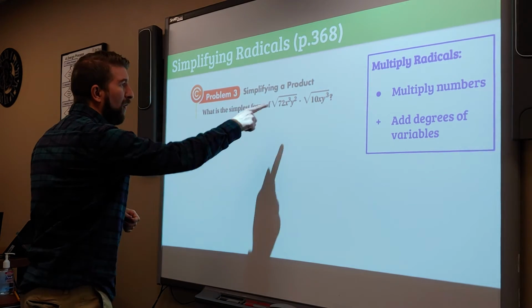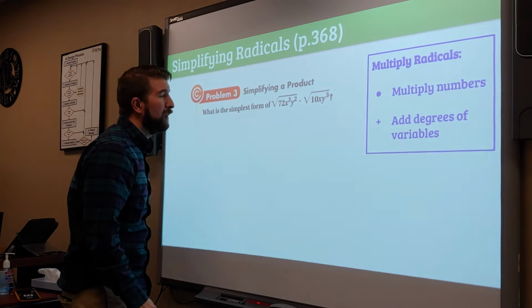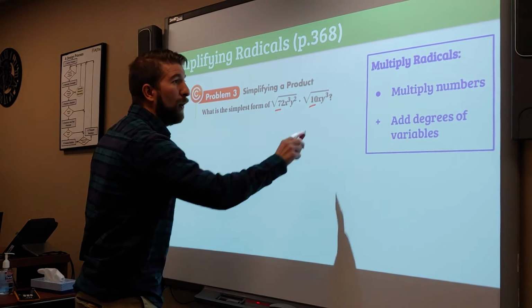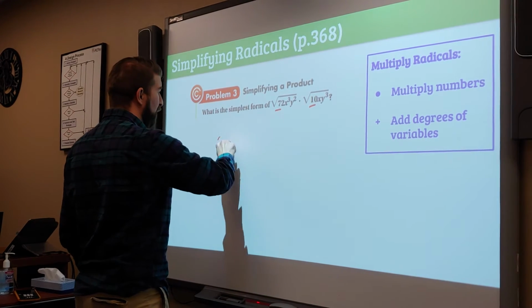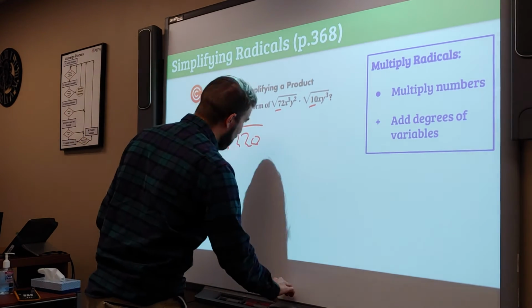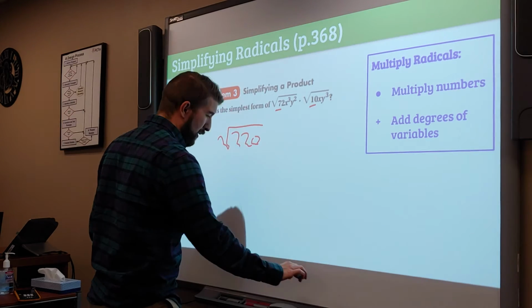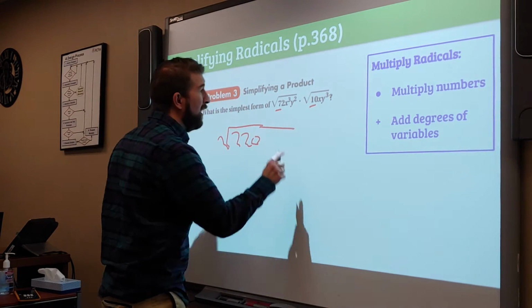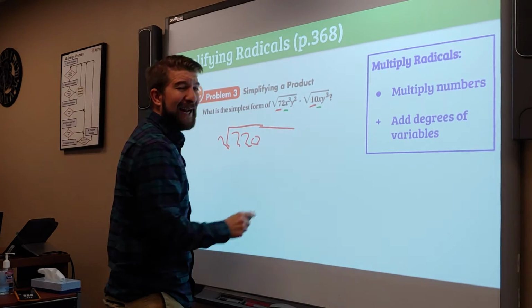So on this one, we have the number 72 and 10. We're going to multiply those numbers together, and that's going to give me 720. Then I have x cubed and x.